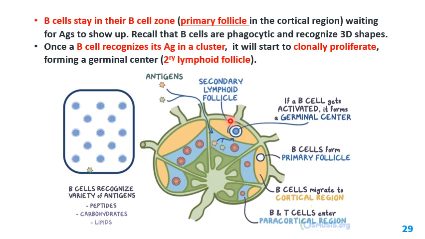If it gets activated, then you're going to start making the follicle, the primary follicle, because you need a whole army of those B cells as well. That is going to become a germinal center, and that is your primary follicle, and then your secondary follicle. And this is all happening inside the lymph node.